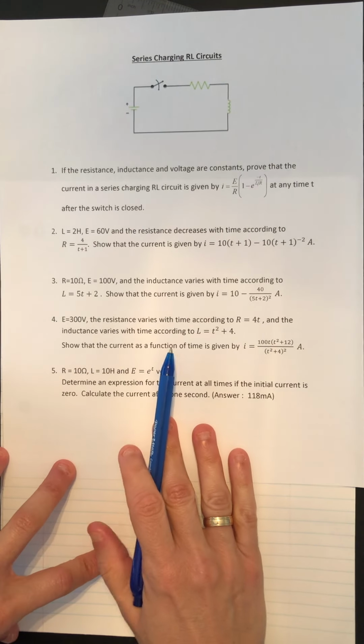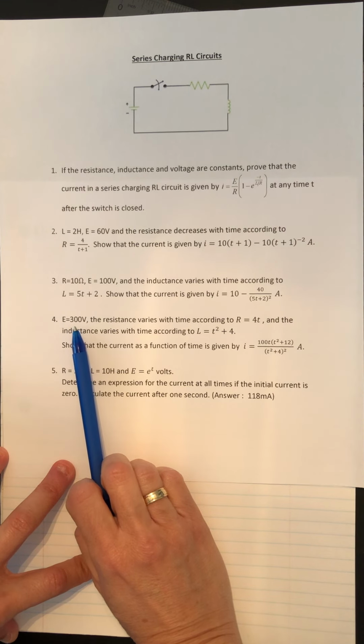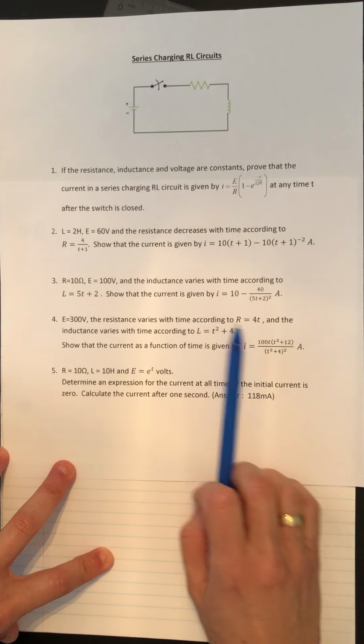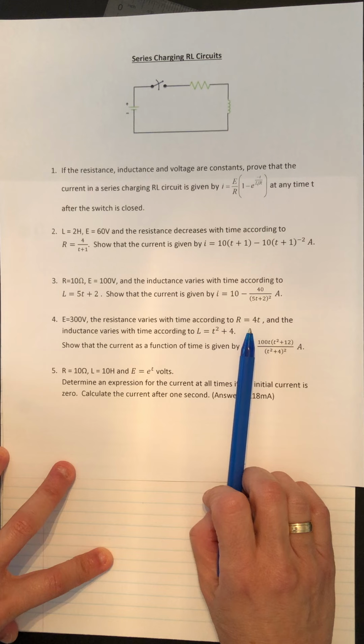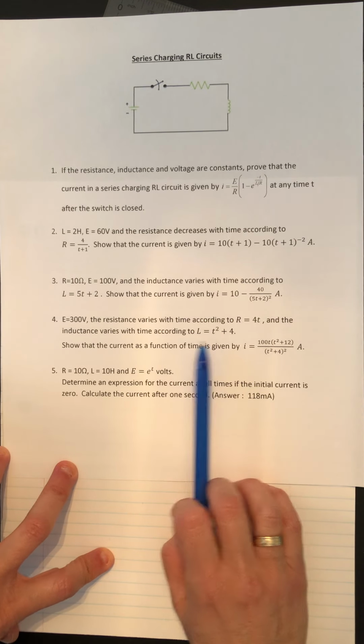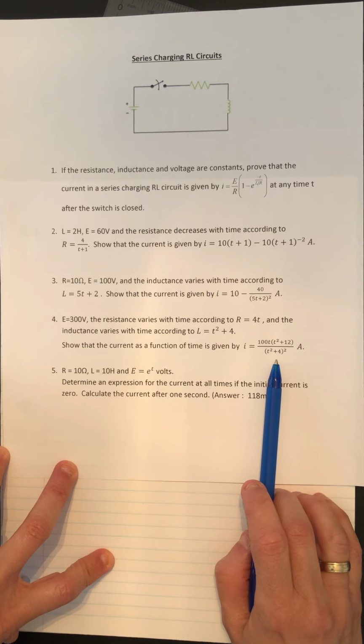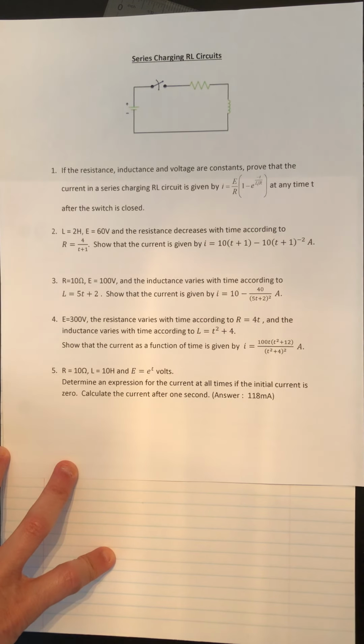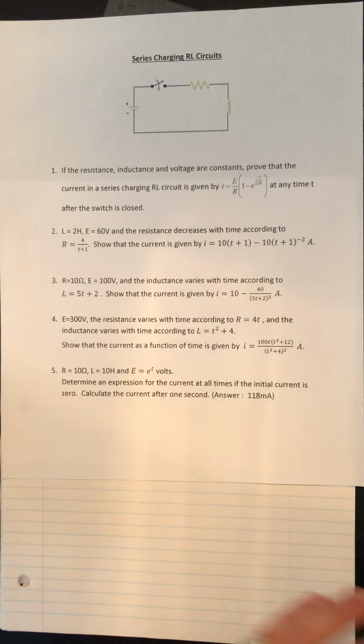So this time, what do we have? We have 300 volts for E, but look, a variable resistance and a variable inductance, and we've got our ultimate goal right here. So let us begin the problem.